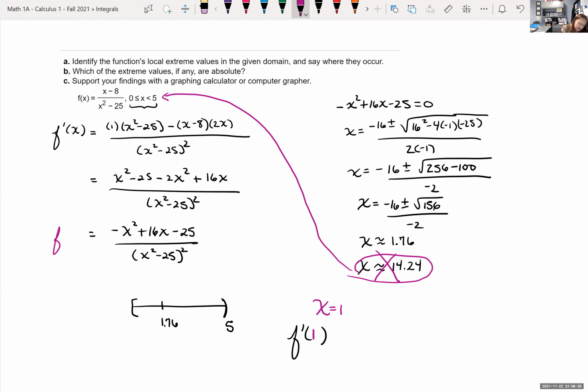So if we plug in 1, here we would have negative 1 plus 16 minus 25. Well, that's negative in my numerator. All over my denominator, this quantity squared is always going to make my denominator positive. So this is less than 0, it's decreasing.